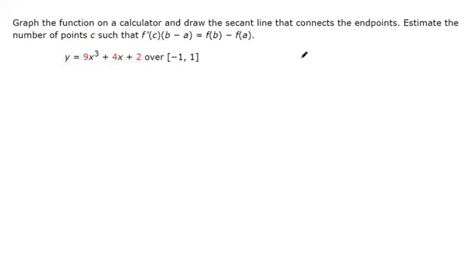That's the line that they're asking us to construct to answer this question. If you're graphing a secant line between 2 points, we're guaranteed that the slope of that secant line exists somewhere on our function. That's what the mean value theorem tells us.